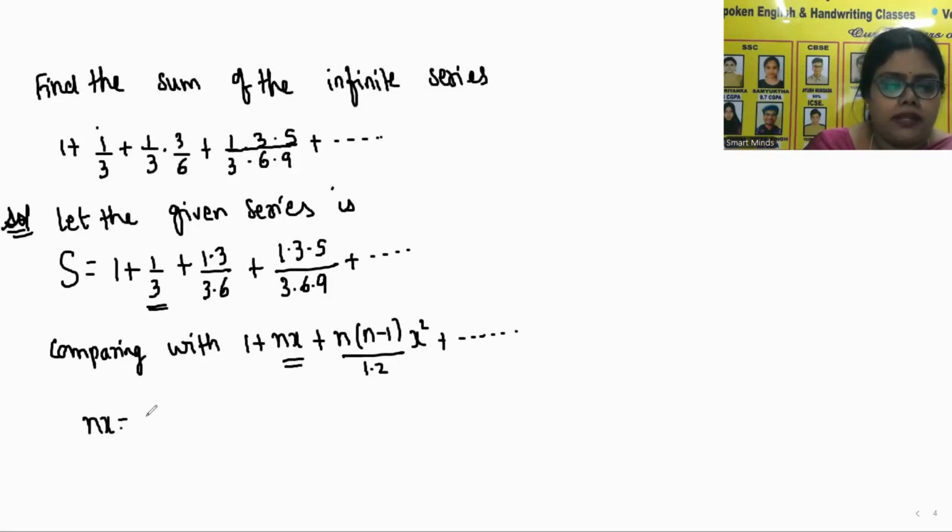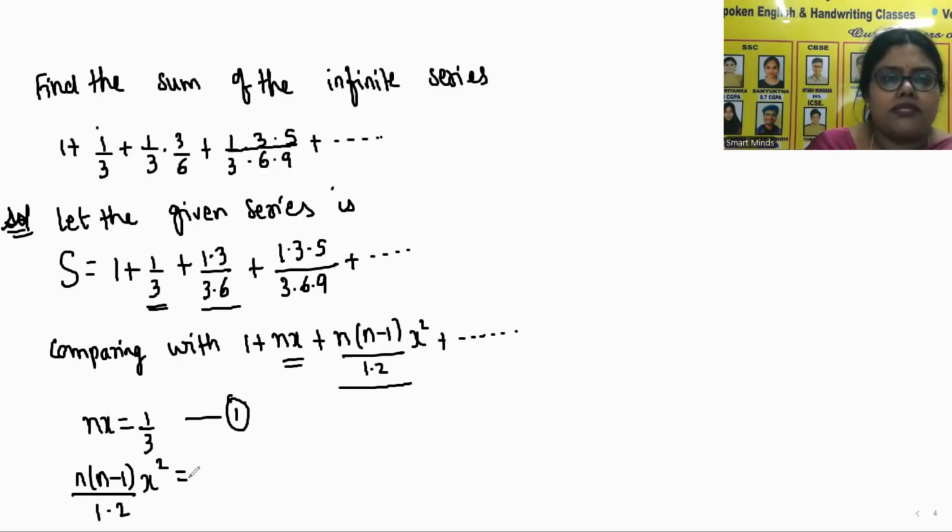So we write nx is equal to 1 by 3. This is equation number 1. And in the place of n into (n minus 1) by (1 into 2) into x square, you have (1 into 3) by (3 into 6). So n into (n minus 1) by (1 into 2) x square is equal to (1 into 3) by (3 into 6).